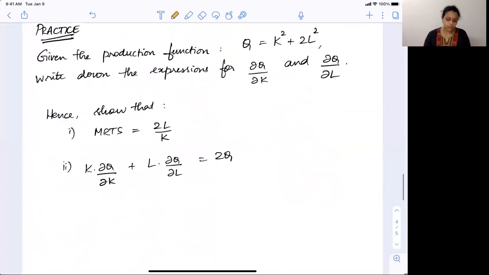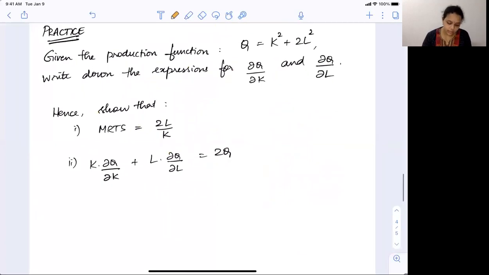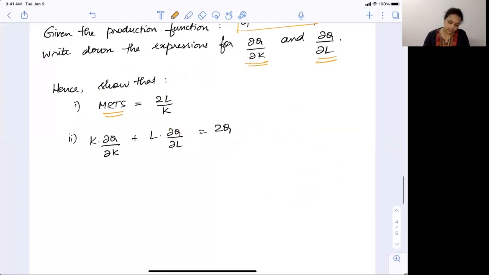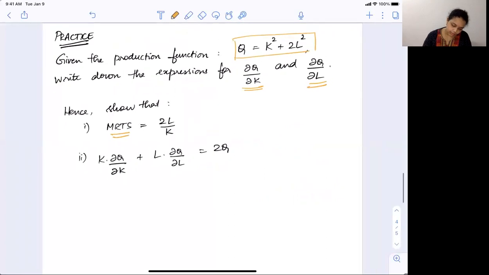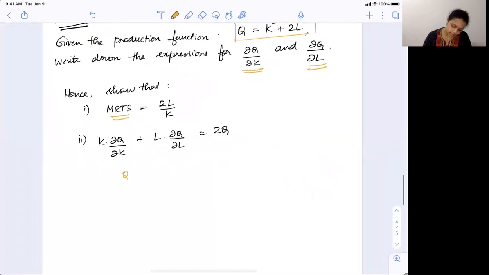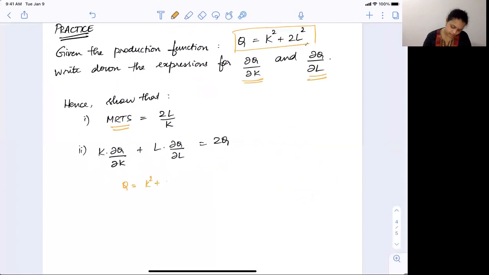We'll quickly do just one more question here. We're given a particular production function, K squared plus 2L squared, and we want to write down the expressions for the marginal products, and hence prove a couple of relationships. So the production function is K squared plus 2L squared. Let's get dQ by dK.